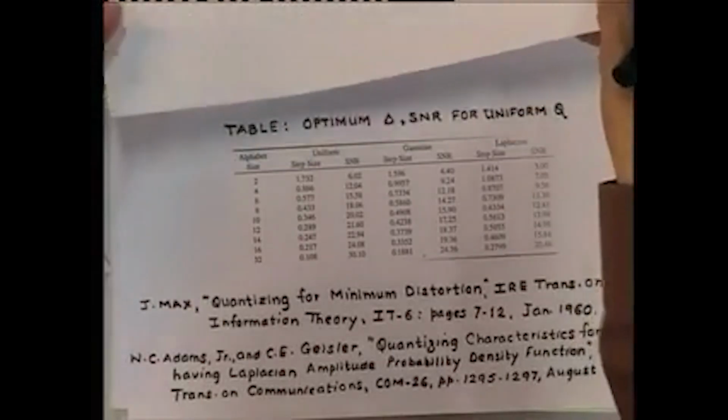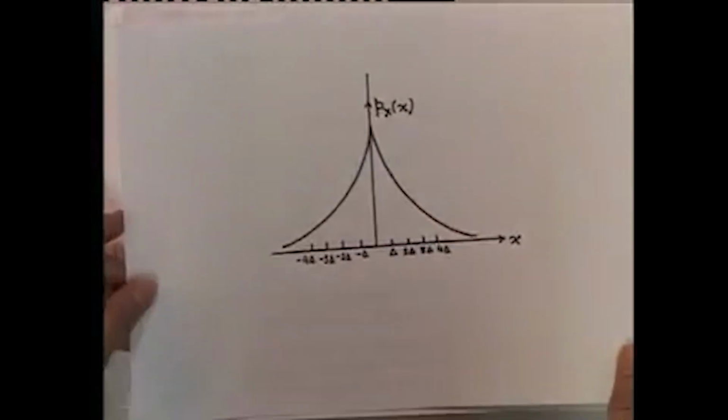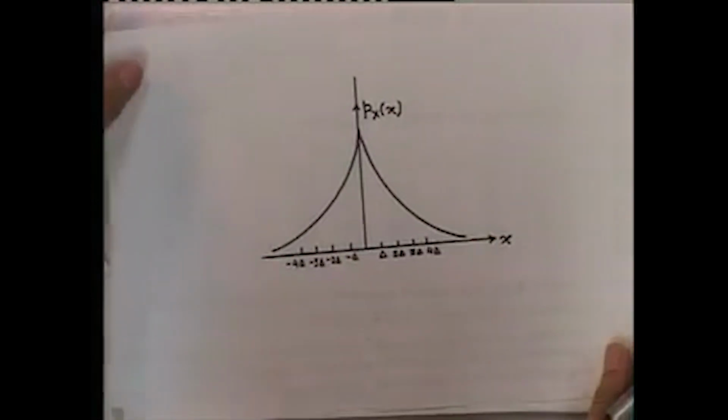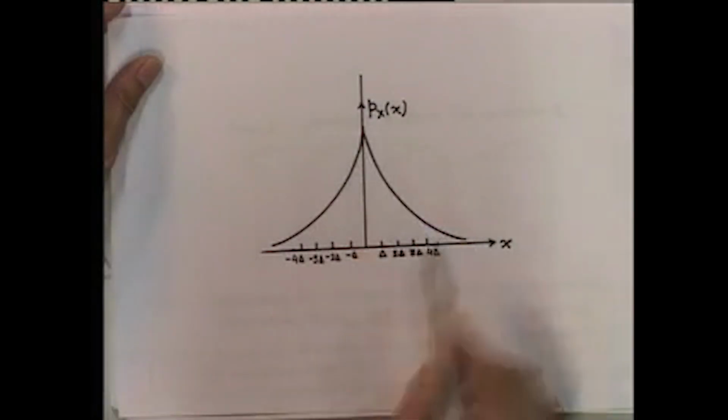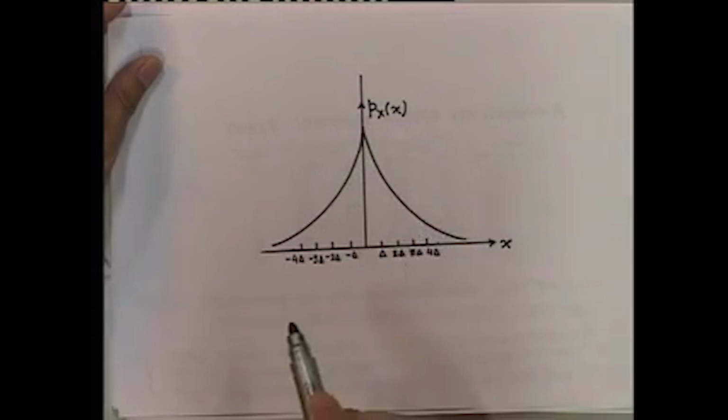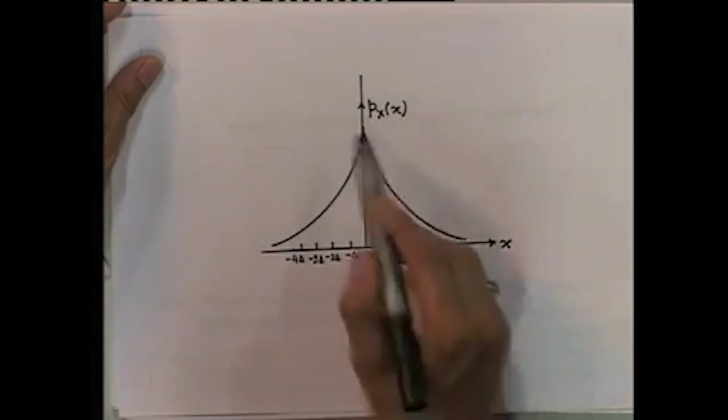Now, this is a PDF for the Laplacian. The Laplacian PDF has more of its probability mass away from the origin in its tail than the Gaussian PDF.